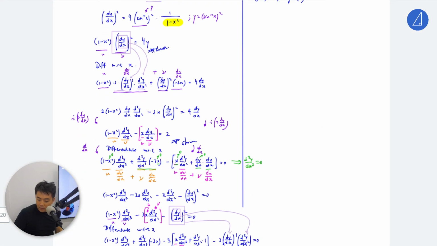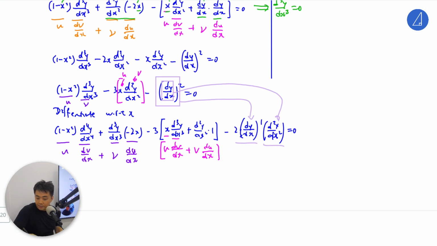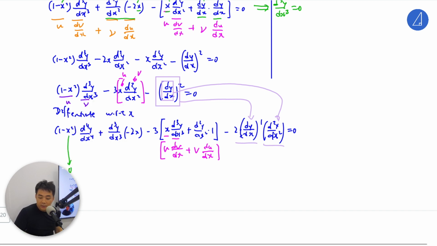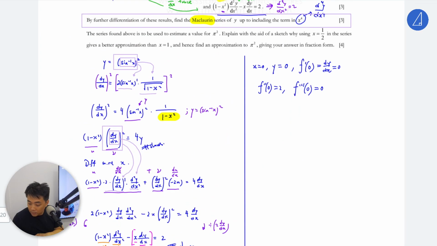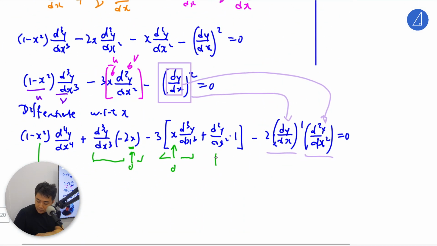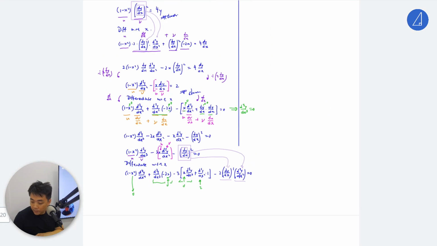Here you go. Then you go to this one here. This guy is 0. Actually, just find everything 0 lah. Everything 0 is fun because this is 0, so you render the whole thing 0. D square y dx square is how much? 2. dy dx is 0.